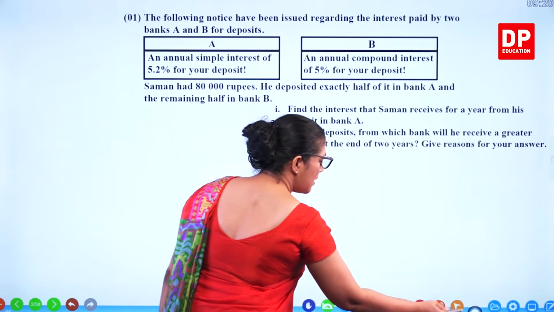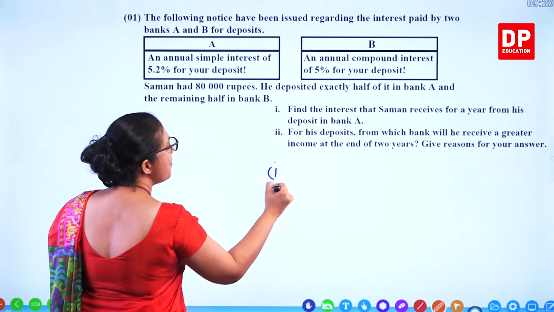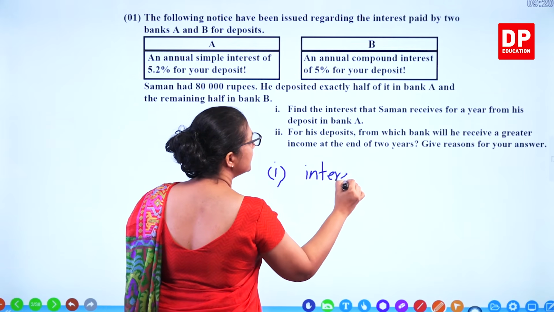So we'll first find the interest from Bank A. How do you find the interest?